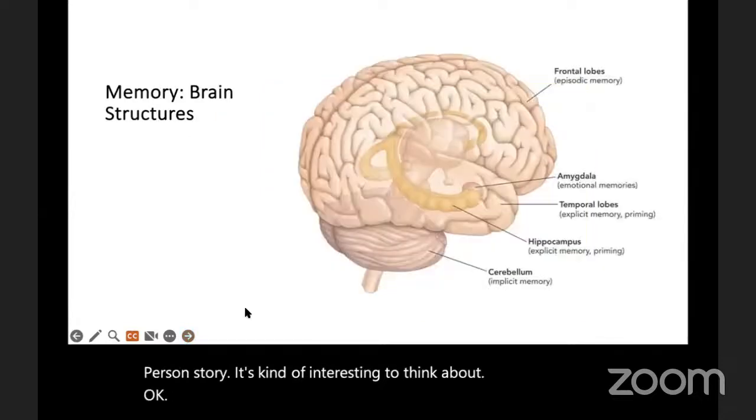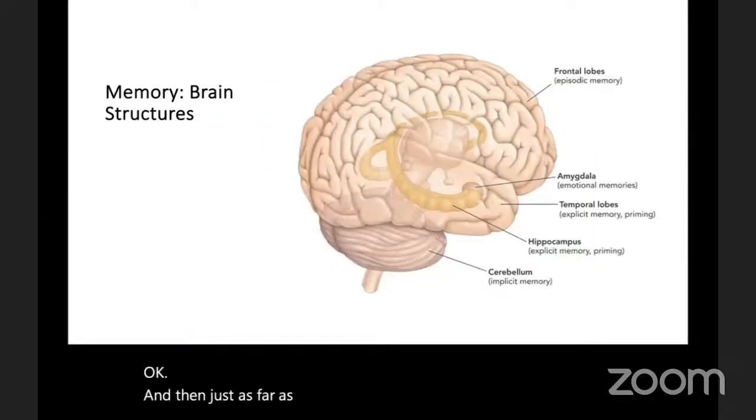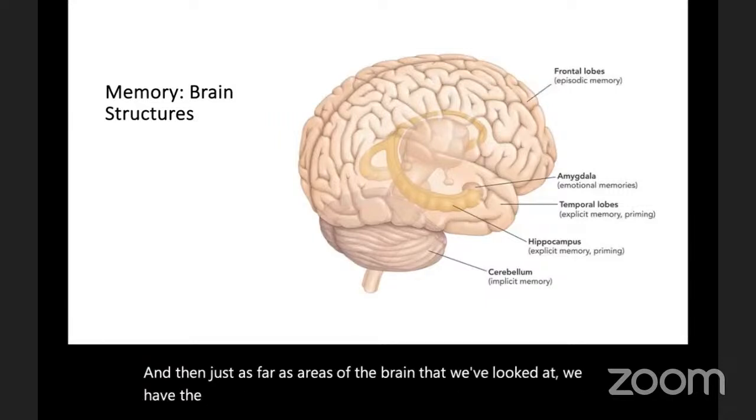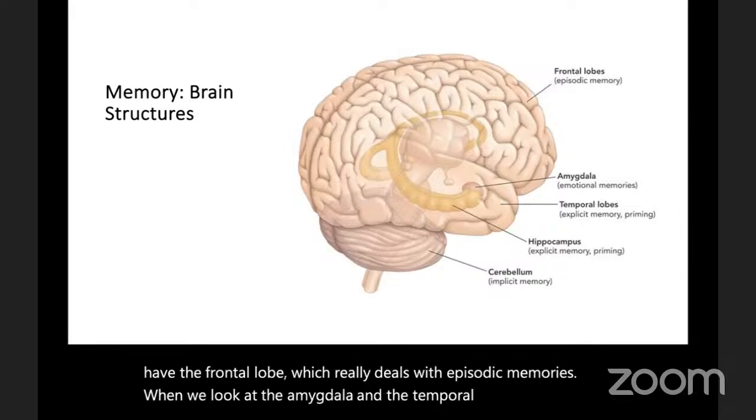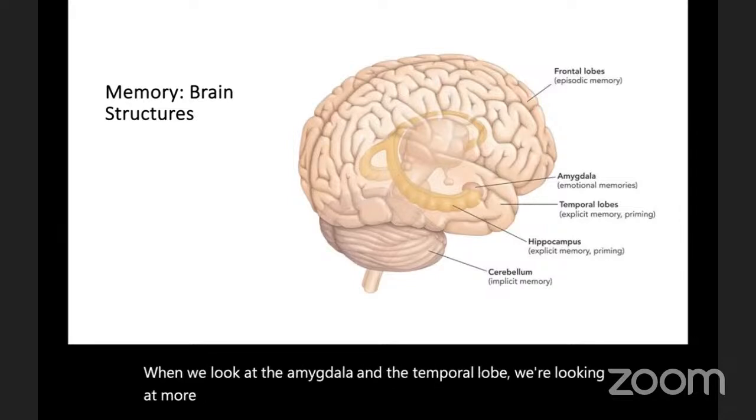And then just as far as areas of the brain that we've looked at, we have the frontal lobe, which really deals with episodic memories. When we look at the amygdala and the temporal lobe, we're looking at more explicit memories that are done with priming, more emotionally based.